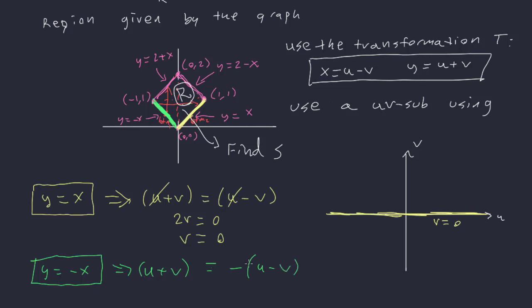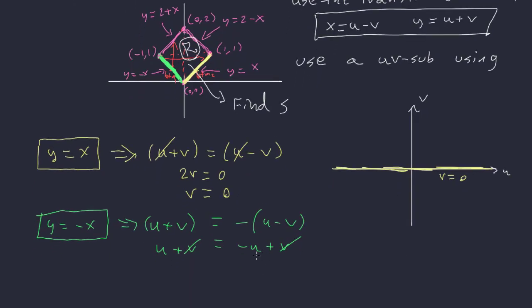So we get, on this side, negative u plus v, and u plus v on this side. So now it's the v's that cancel, and I can move the negative u over to get 2u equals 0, so u equals 0. So u equals 0 on this graph is this vertical line on the axis. Okay, so here's u equals 0.